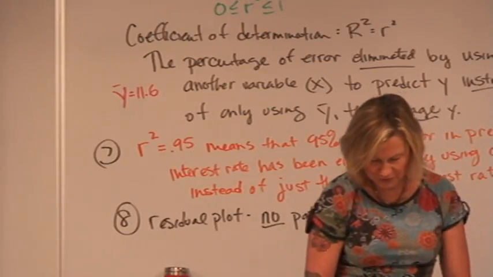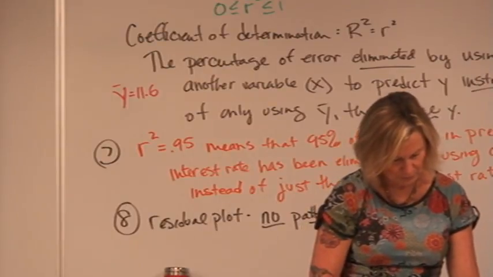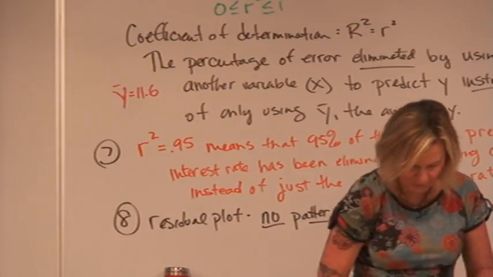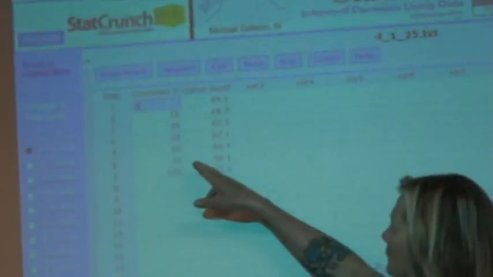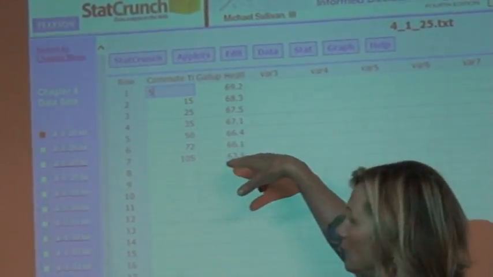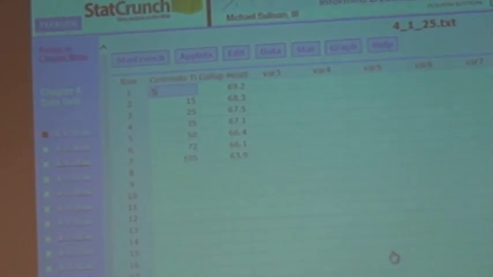Oh, you know what? Let's use the commute time data. This was 4/1/25. So we also looked at this problem to see if we could find a relationship between someone's commute time and some kind of a measurable well-being score, they call it.